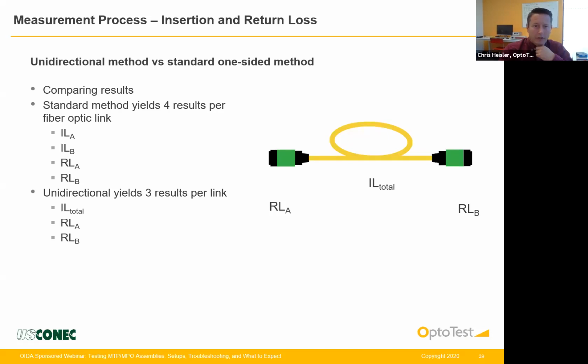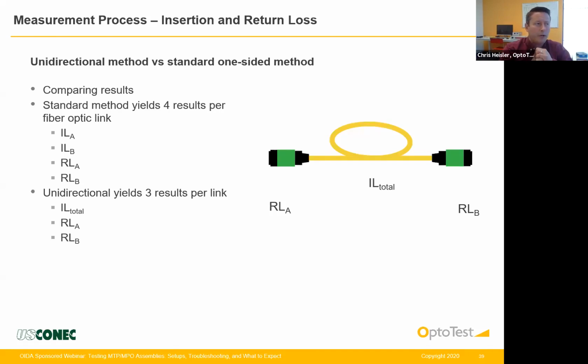Let's see here, we have another question. If the DUT is made with bend-insensitive multi-mode fiber, how can we test with a launch cable and maybe a receive cable to avoid near zero loss? So this is a common issue when testing bend-insensitive multi-mode fiber.